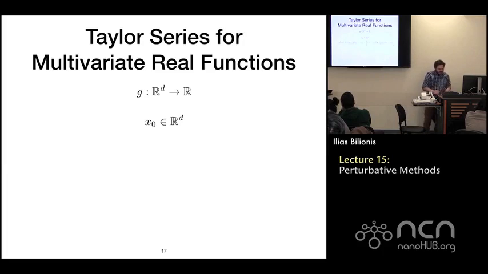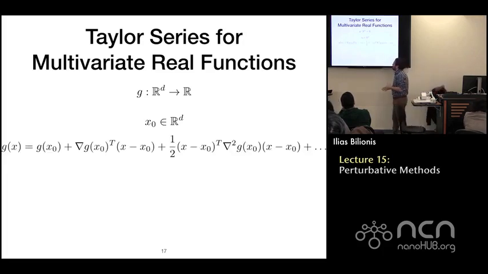Now that's good, but I would rather write it as a vector equation. So you have the gradient of G at x0 transposed with this vector to give you a nice scalar number, and then you have 1/2 and the Hessian matrix sandwiched between (x minus x0) transpose and (x minus x0).